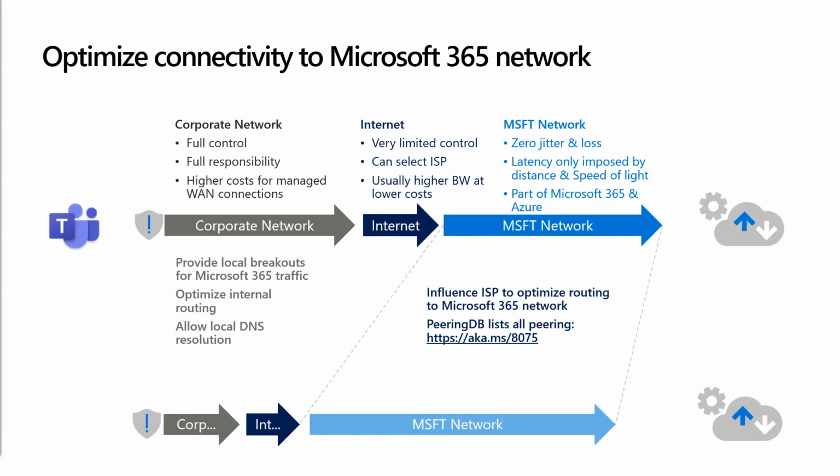And the more time you spend on the Microsoft network, the faster your performance will be, the better the audio and video in your Teams Rooms meetings will be. If you want to see where Microsoft is peered, you can go to aka.ms/8075 and see a list of all the locations on the globe that have peering relationships with Microsoft. And we'll get into peering and routing here on this next slide.